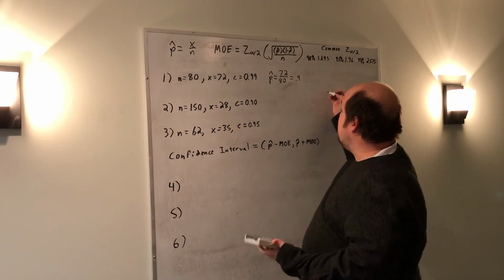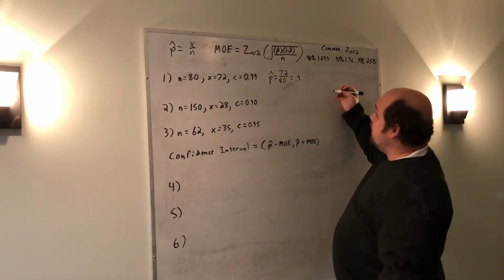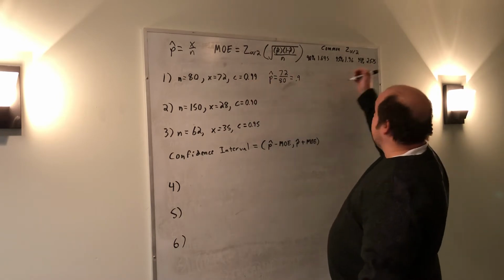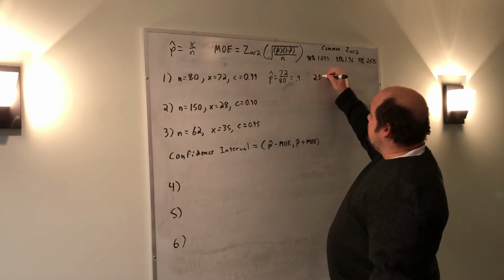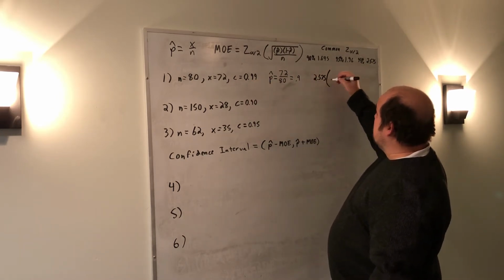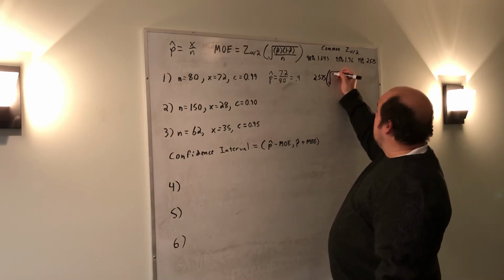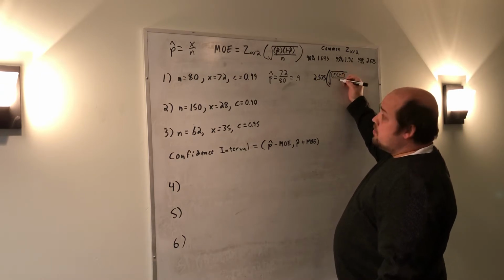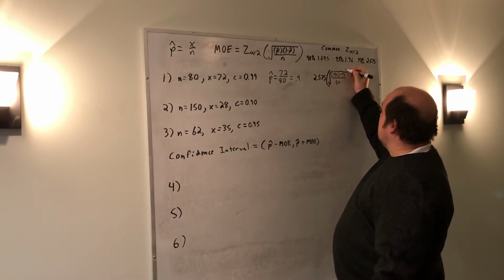Now that I have my p hat, I can set up my margin of error to be z alpha over 2. For 99%, that'd be 2.575 times the root of 0.9, 1 minus 0.9, all over n, which in this case was 80.